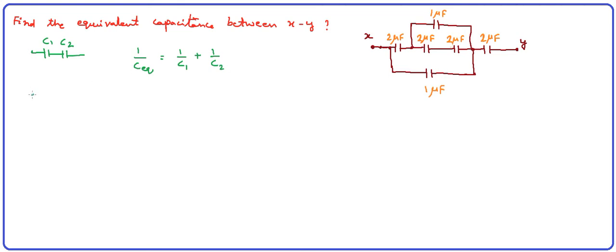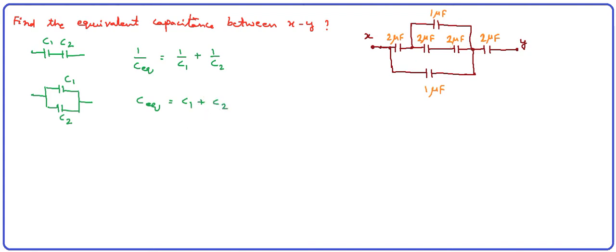Similarly, if two capacitors C1 and C2 are in parallel, the C equivalent is equal to C1 plus C2.